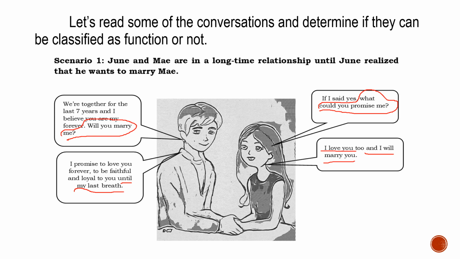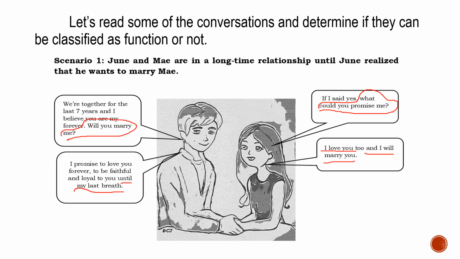So if June will consider from time to time his promise to May that he will be loyal and faithful until his last breath, they will be in a condition wherein they will last up to the last second of their life.